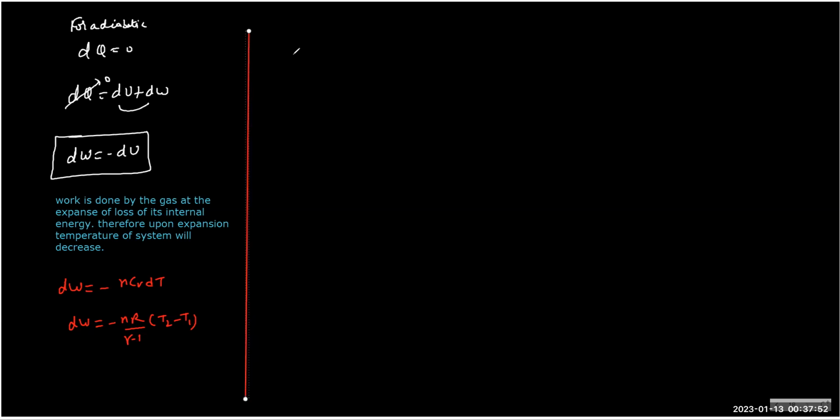You can see the work done is how much? See, dT always means final minus initial. Don't write the value wise. You have to write final minus initial, which could be negative, positive, or whatever. So this becomes eventually nRT1 minus nRT2.